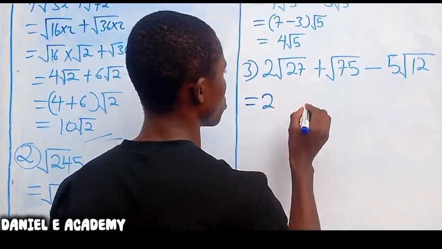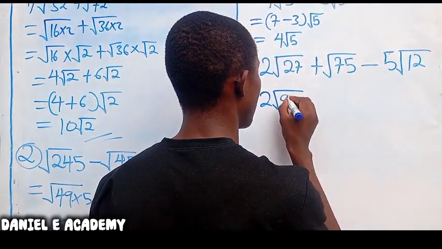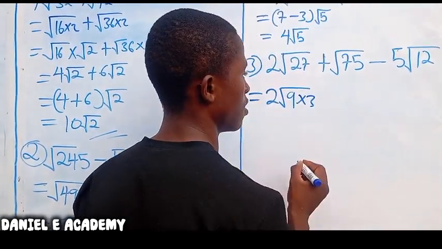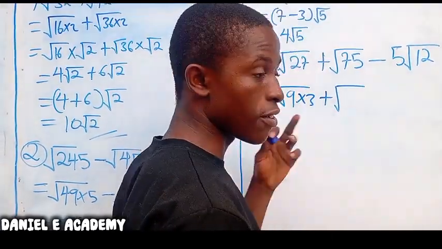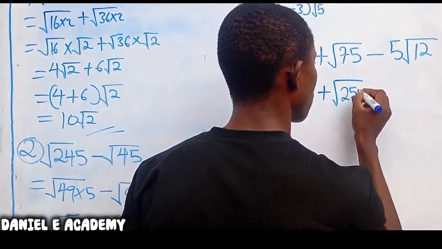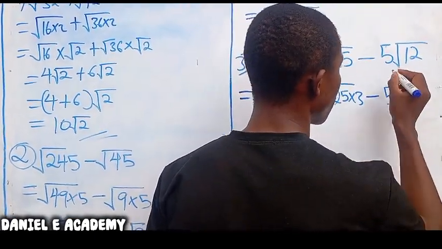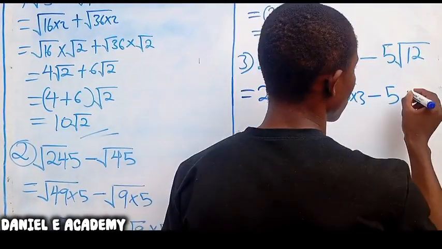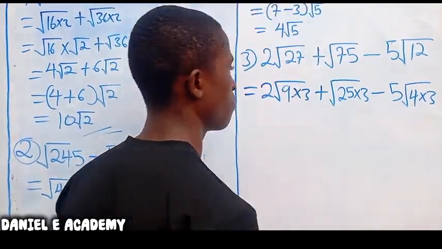So it equals 2 root of, 27 divided by 3 is 9, multiplied by 3, plus root 75 divided by 3 will be what? 25, minus 5 root of 12 divided by 3, which equals 4 multiplied by 3.